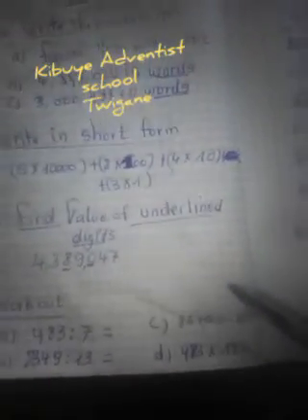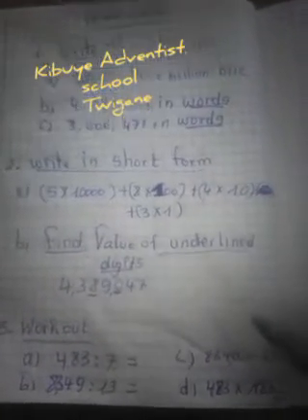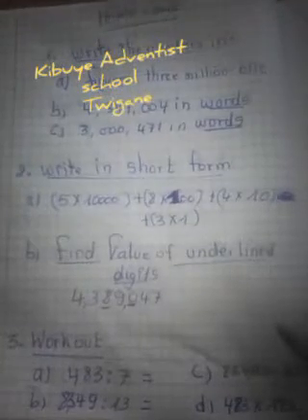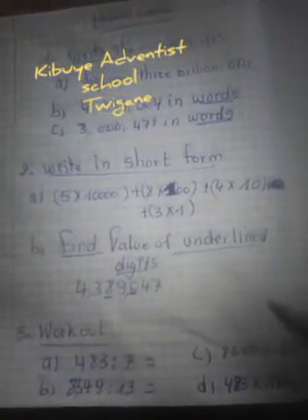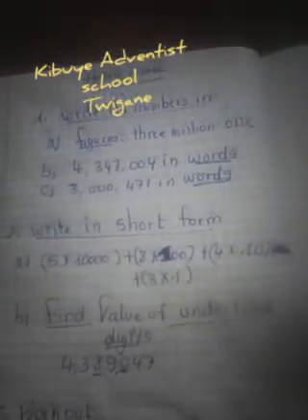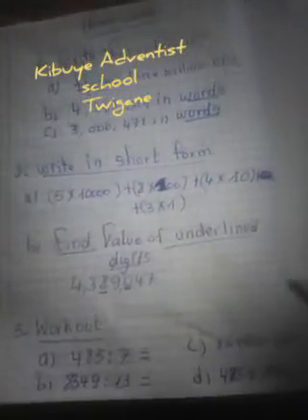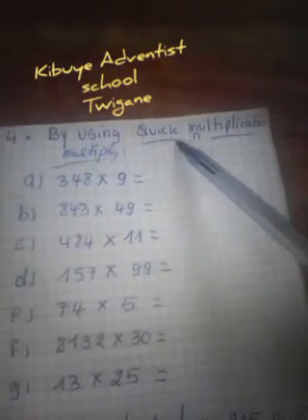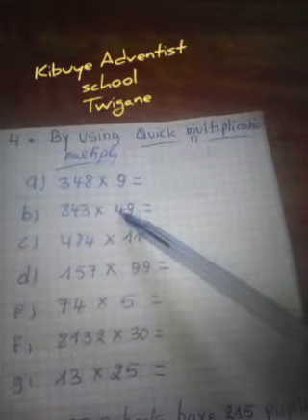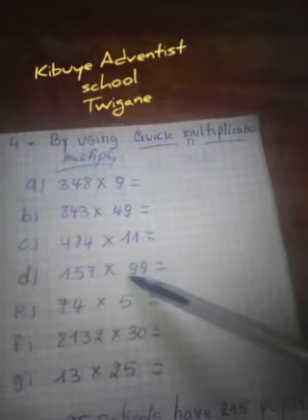Number 4, by using quick multiplication. By using quick multiplication, try to multiply by 11, 99, 5, 80, 25, 90, 45, 49, and so on. 25 and 5 you have seen in P4. You use a division. Then question number 5a, 25 schools have 200 students in each school, and explain.